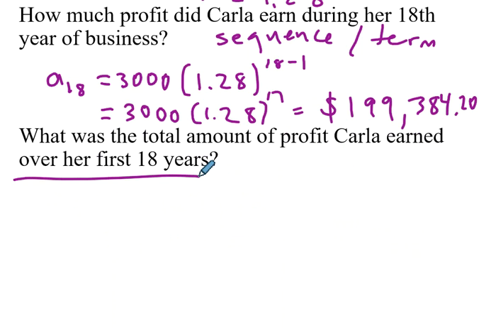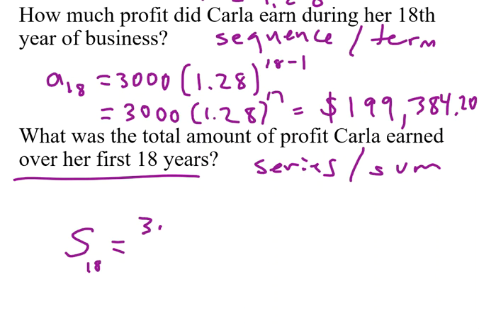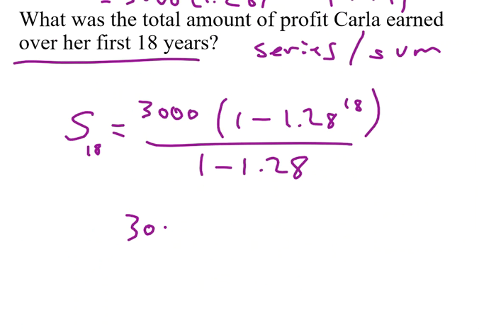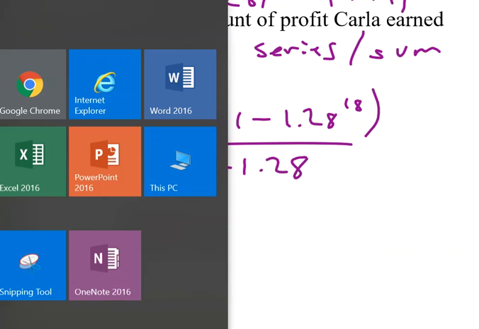What was the total amount of profit that Carla earned over the first 18 years? So over all 18 years, that's going for a series, or the sum of the terms. This is where I'm going to have S, and I could call this S18 if I wanted, because I'm starting from the first term, but I don't really need to. 3,000 for that first term, times 1 minus 1.28 to the 18th, over 1 minus 1.28. I'm going to actually calculate.